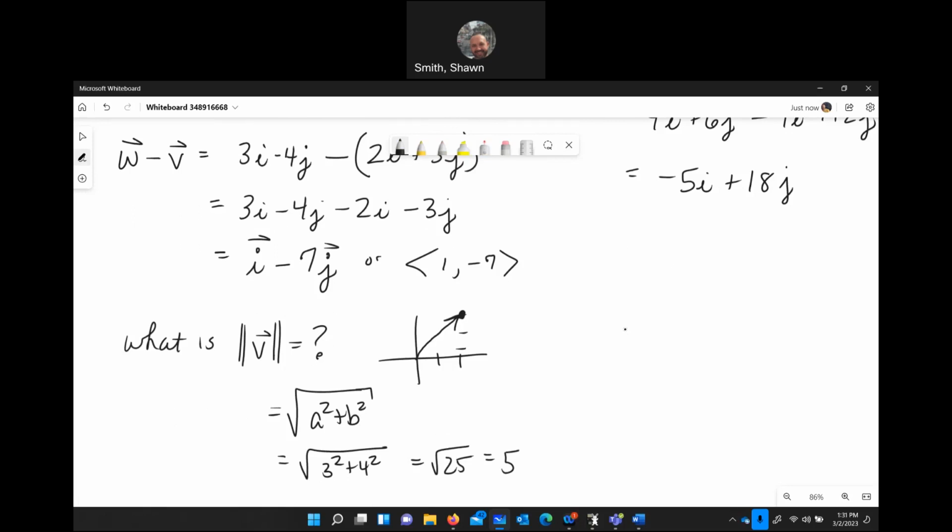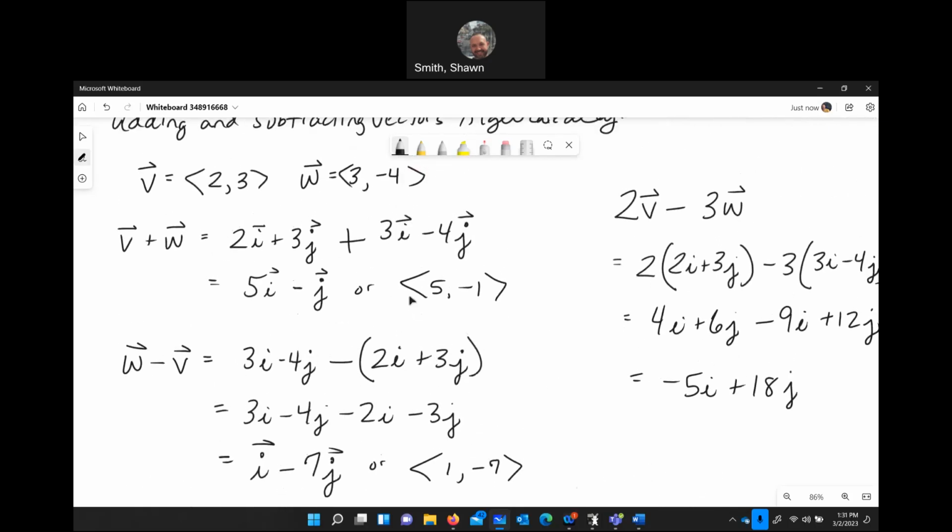What is the magnitude of vector v plus w? Be careful with this. I'm not going to take each magnitude and add them together. I'm going to take the sum of the two vectors and then find its magnitude. It's kind of like a grouping symbol. What you do inside comes first. V plus w, we already did that one.